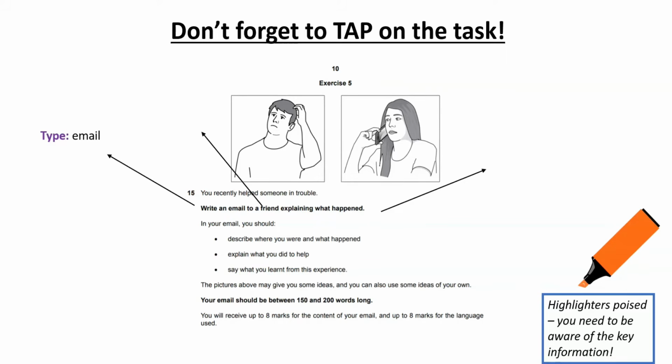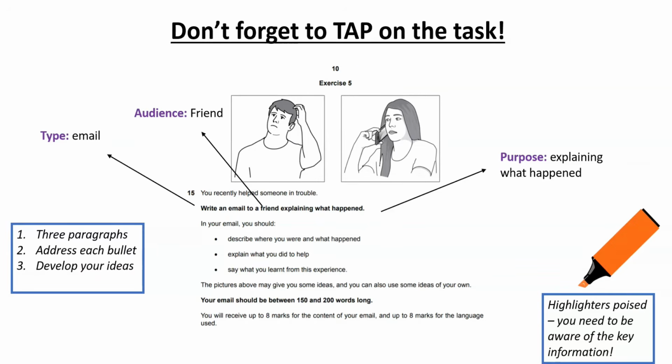So, as mentioned, the text type, it's always going to be an email, but let's have a look at the audience. So you are writing to a friend, so of course your language needs to be quite relaxed, quite friendly. And the purpose here is you are explaining what happened, so you need to go into detail about the situation. And really, to be successful with this question, you need to have about 3 paragraphs.